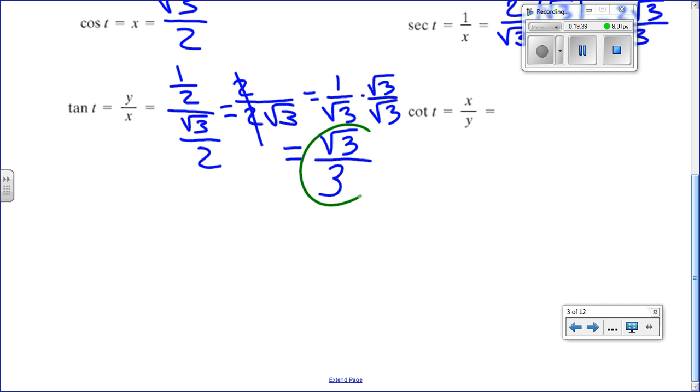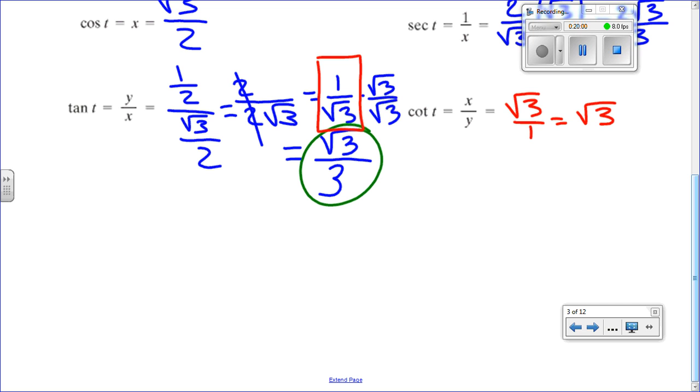Okay, now cotangent. We could get the reciprocal of this one, or we could do something easier and just take the reciprocal from here before we rationalize. Do you guys see why it will be easier? Because it will just be the square root of 3 over 1 or the square root of 3.